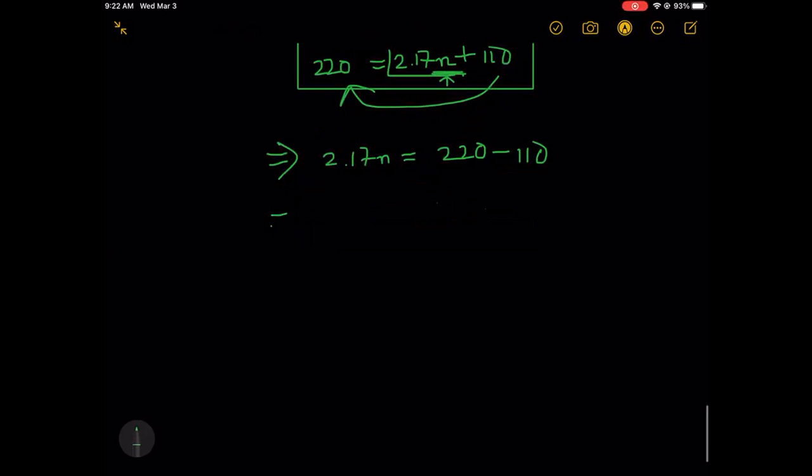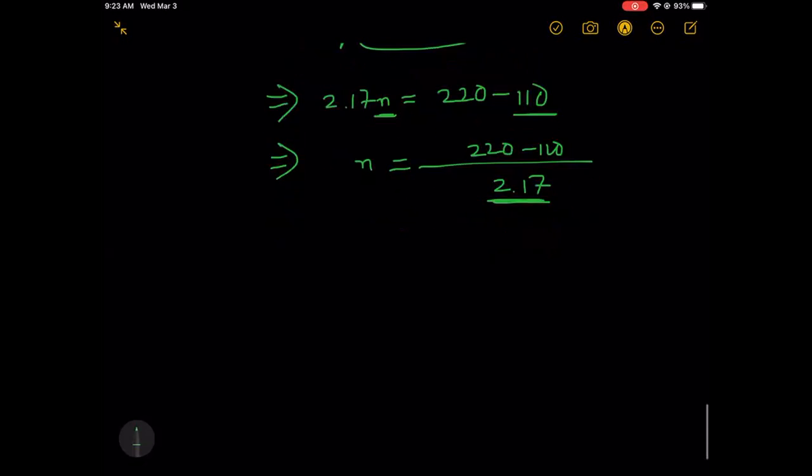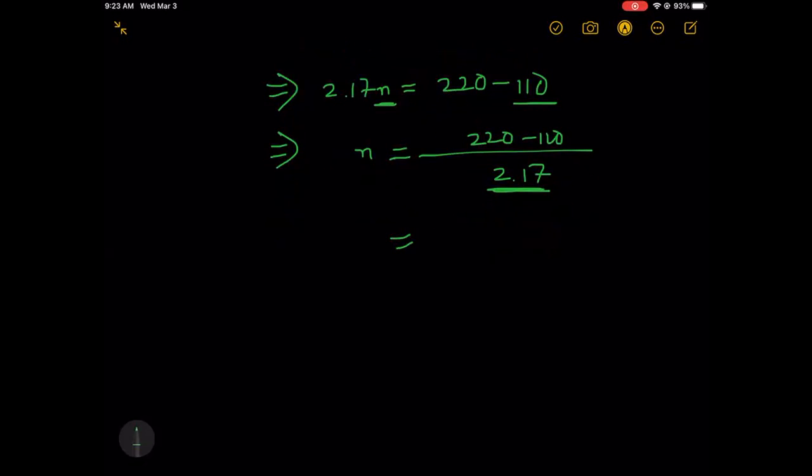And since I'm going to isolate N, I'll divide by 2.17. Here I've subtracted 110 from both sides, and here I have divided both sides by 2.17. And if I do that, I'll have my result.